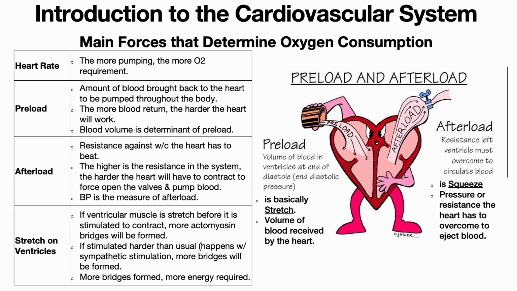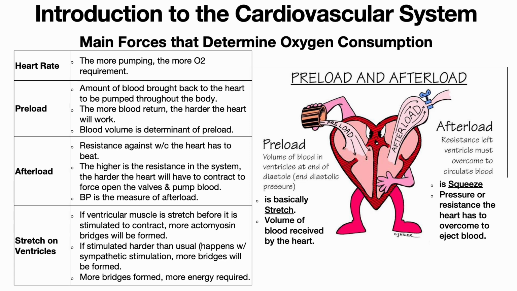Then the stretch on ventricles. If ventricular muscle is stretched before it is stimulated to contract, more actomyosin bridges will be formed. If stimulated harder than usual, which happens with sympathetic stimulation, more bridges will be formed. More bridges formed means more energy required.